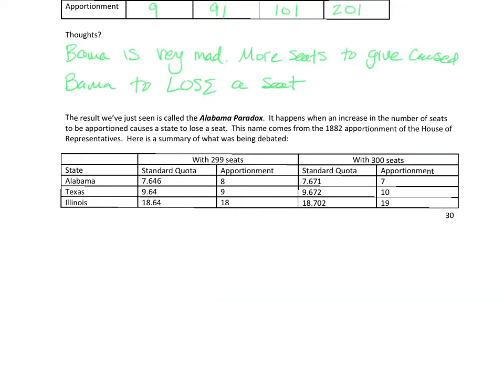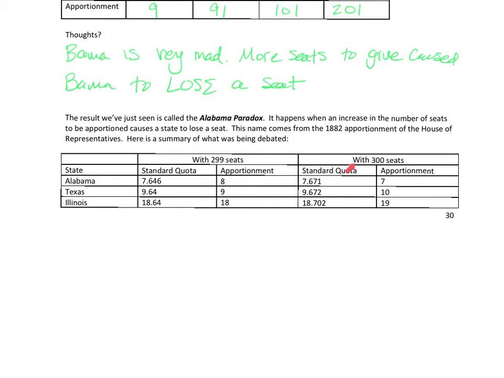So the result we just looked at, that's called the Alabama paradox. It happens when an increase in the number of seats to be apportioned causes a state to lose a seat. The name comes from the 1882 apportionment of the House of Representatives. Here's a summary of what was being debated. When there were 299 seats in the legislature, the apportionment was 8, 9, 18. 8 for Alabama, 9 for Texas, 18 for Illinois.